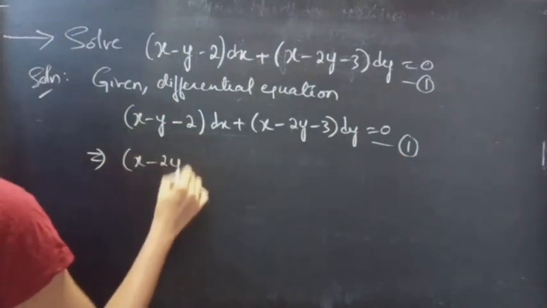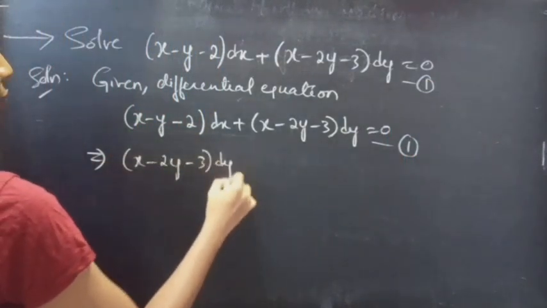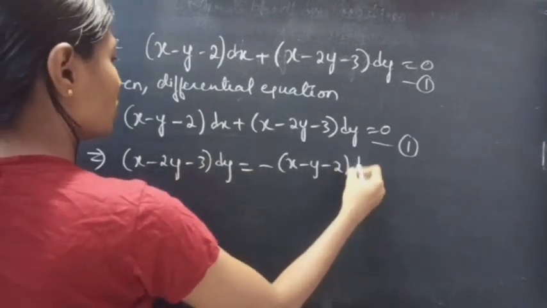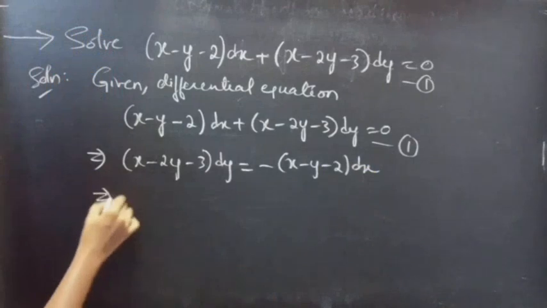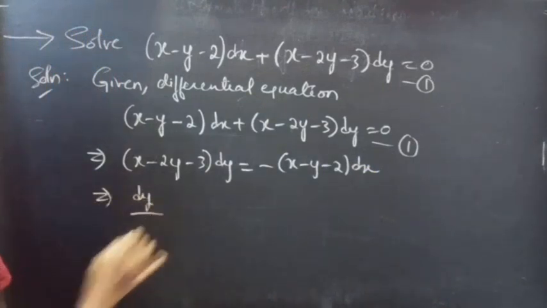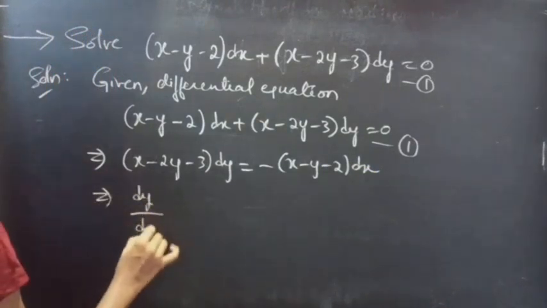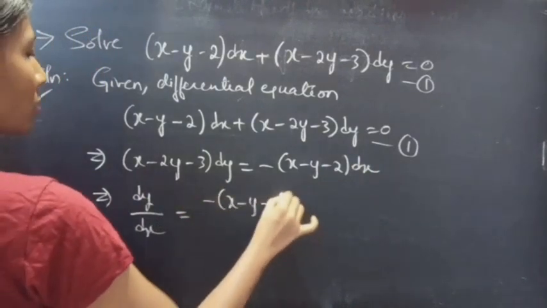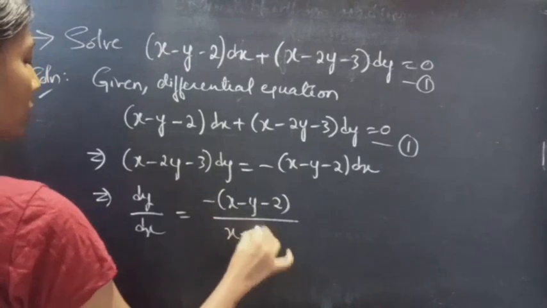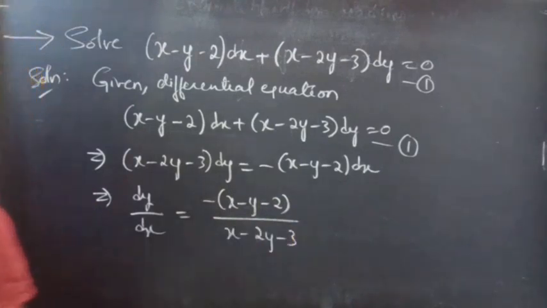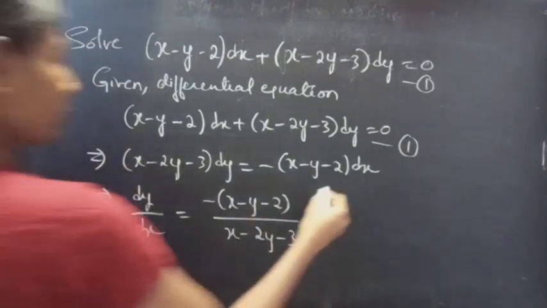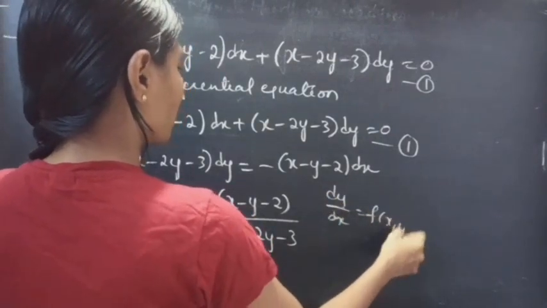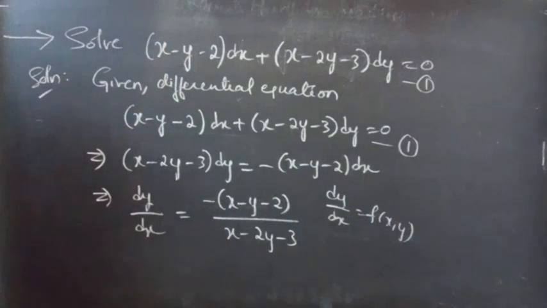(x − 2y − 3) dy = −(x − y − 2) dx. Then dy by dx equals −(x − y − 2) by (x − 2y − 3). We'll simply write it as dy by dx equals some function of x, y form. Okay, fine.